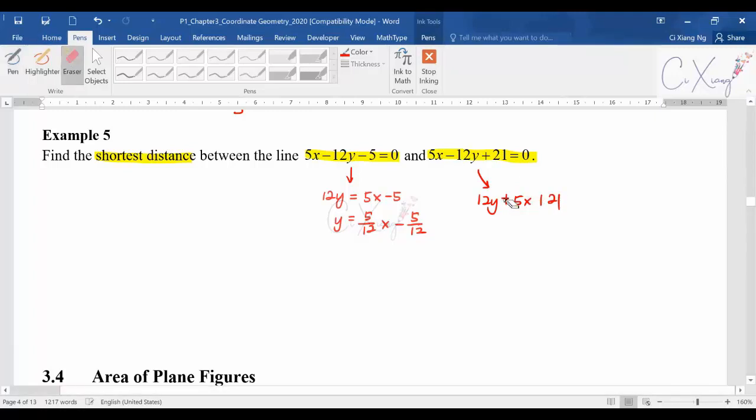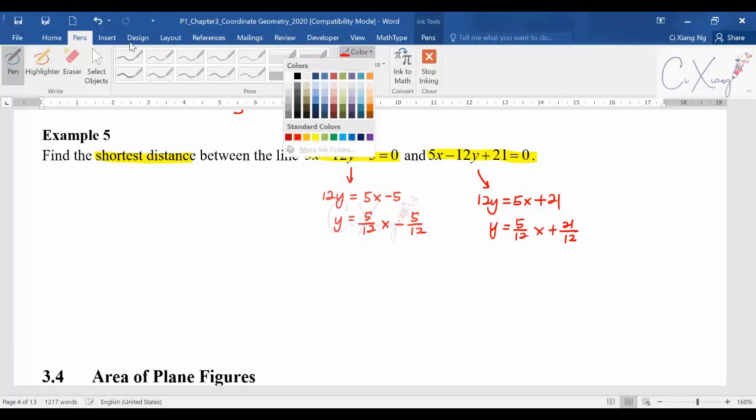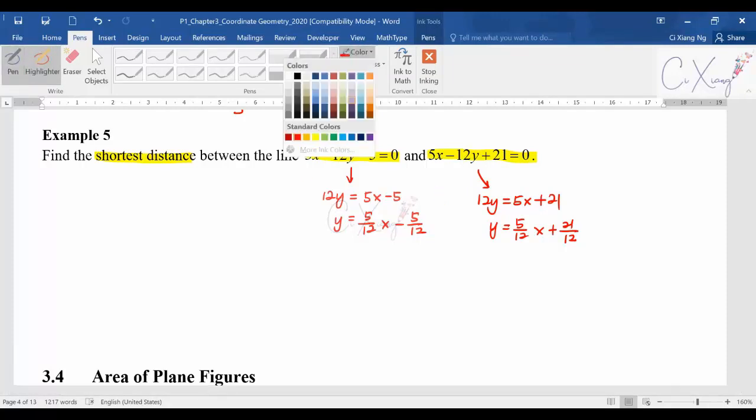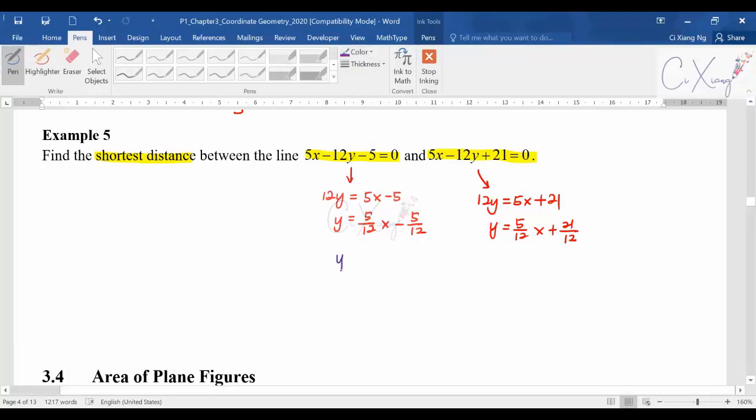If you rephrase this equation, then you have 12y equals 5x plus 21, and then y equals 5 over 12 x plus 21 over 12. So both equations here are in the pattern of y equals mx plus c, right?